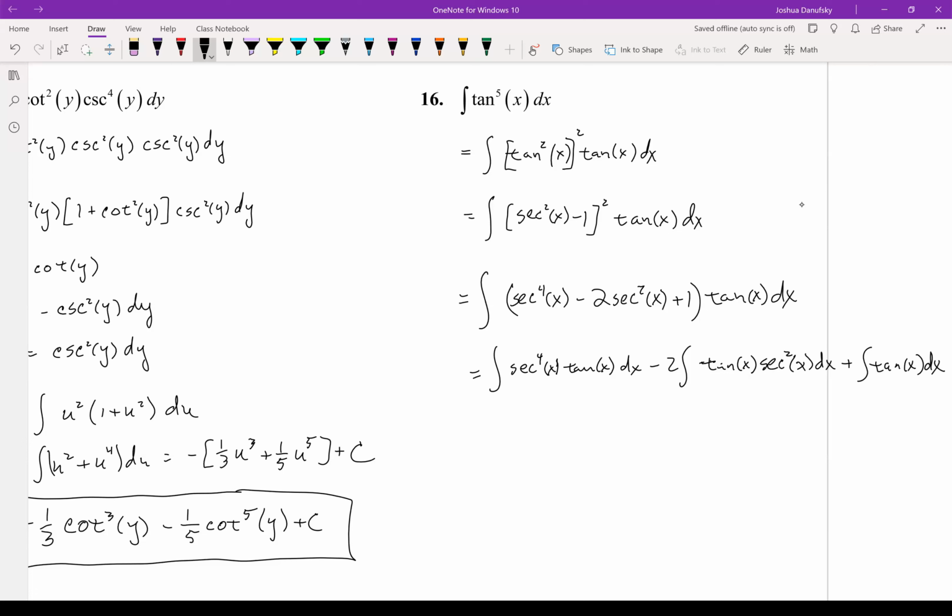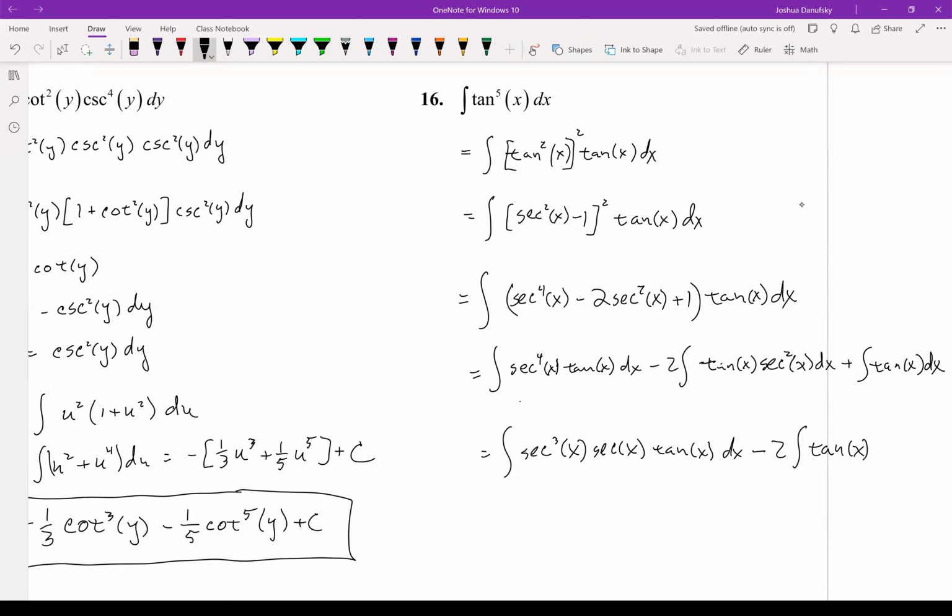Now, with this one, you can rewrite it as the integral of secant cubed times secant tangent, and you're ready to do a u sub. With the second one, you're ready to do a u sub right now.